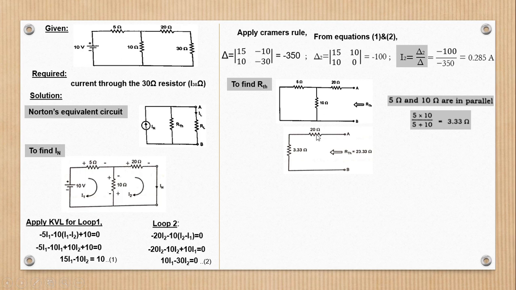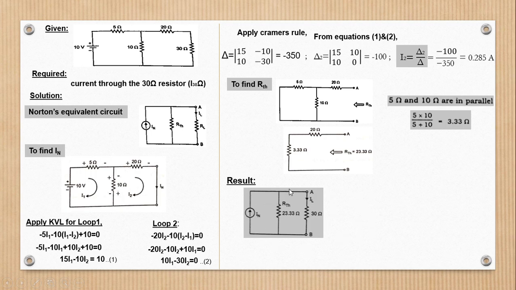The 20 ohm resistor is as usual connected to terminal A, but instead of the 5 ohm and 10 ohm resistors, we simply write the 3.33 ohm resistor, which is connected in series with 20 ohm. The 20 ohm resistor and 3.33 ohm resistor are connected in series, so the value of RTH is equal to 23.33, and then we can write the result.